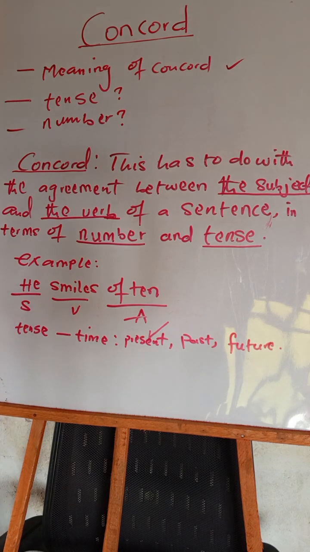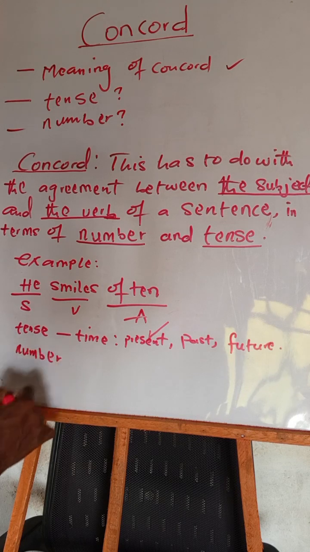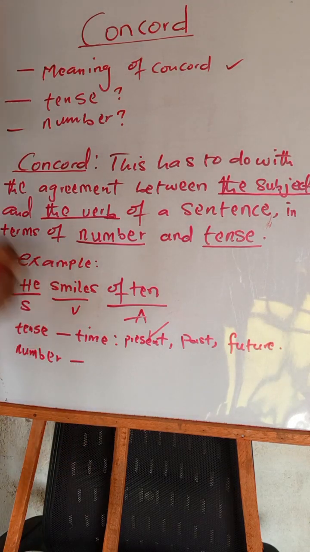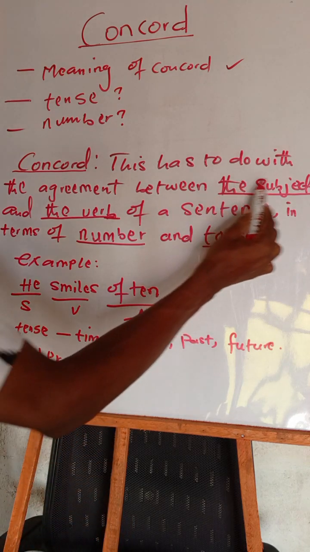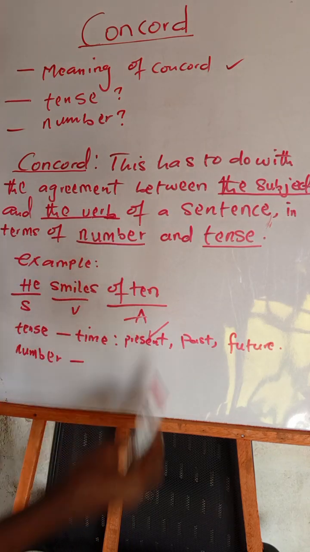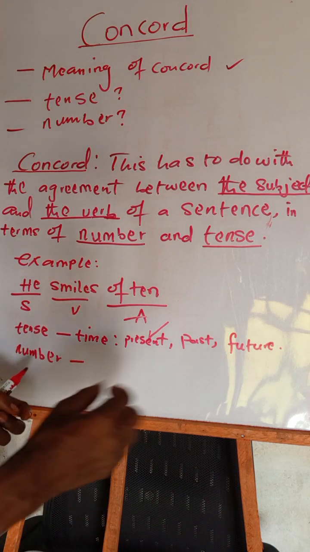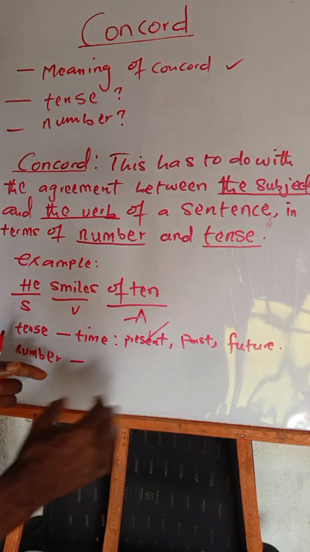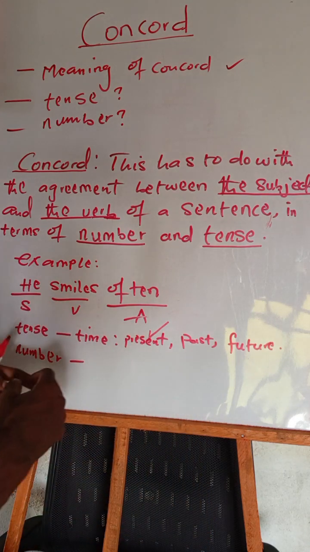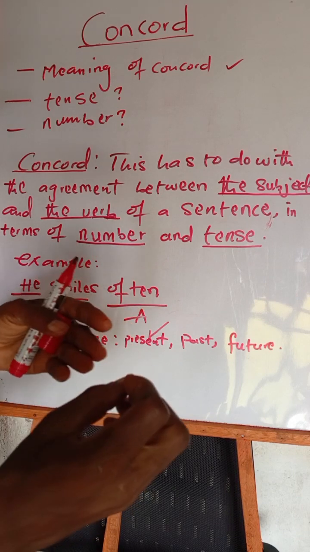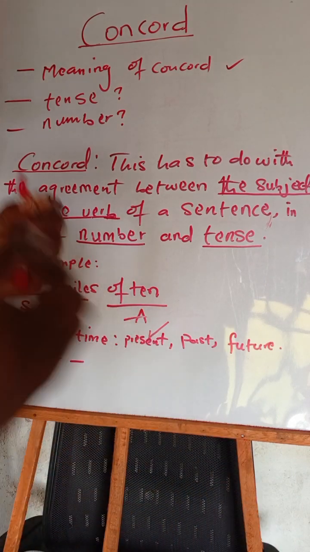Now let's look at it again in terms of number. In Concord, we have what is called the subject and the verb agreement. So the subject-verb agreement indicates that a subject should tally with the verb of a sentence in terms of number.